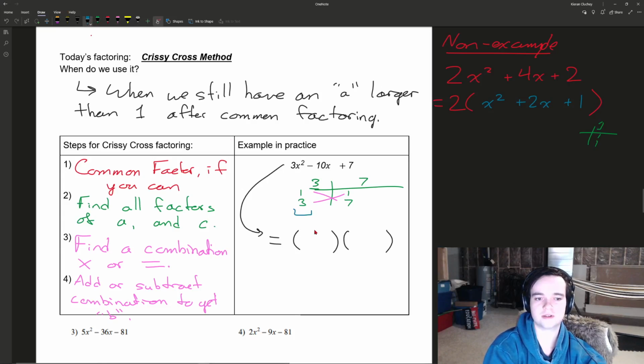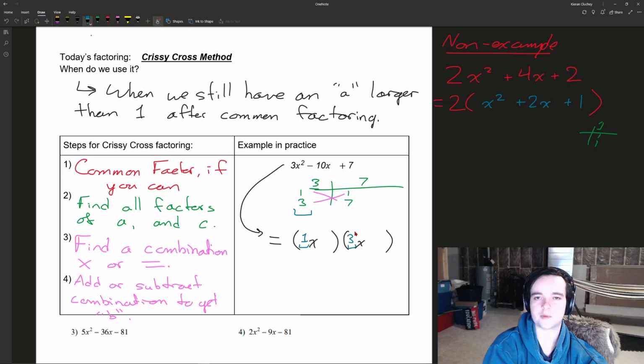These numbers that create your 3, they're going to go out front of your X. Okay, so X is here, right? And we're going to have numbers out front of our X now. All right? So these numbers go there. You can put them in either bracket, okay? It doesn't matter. So I'm going to put, I guess, 1 here and 3 here, okay?